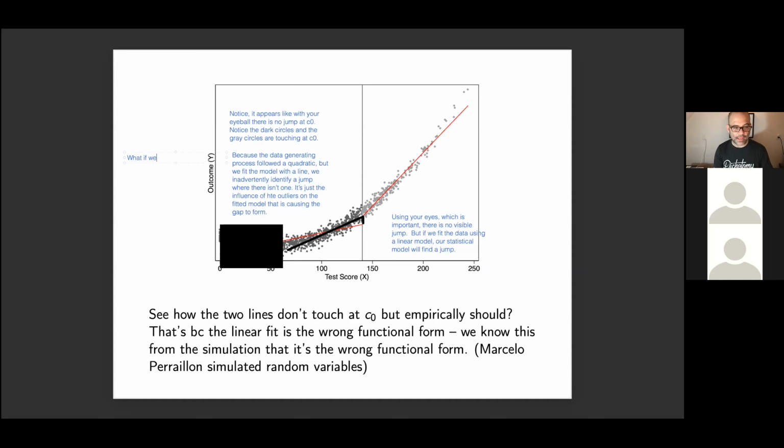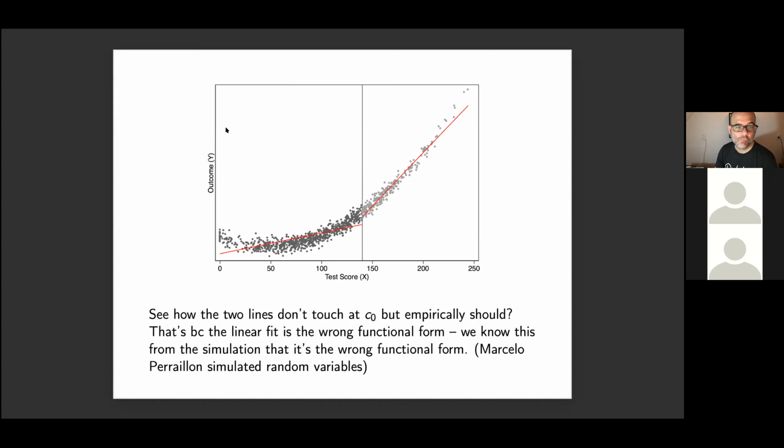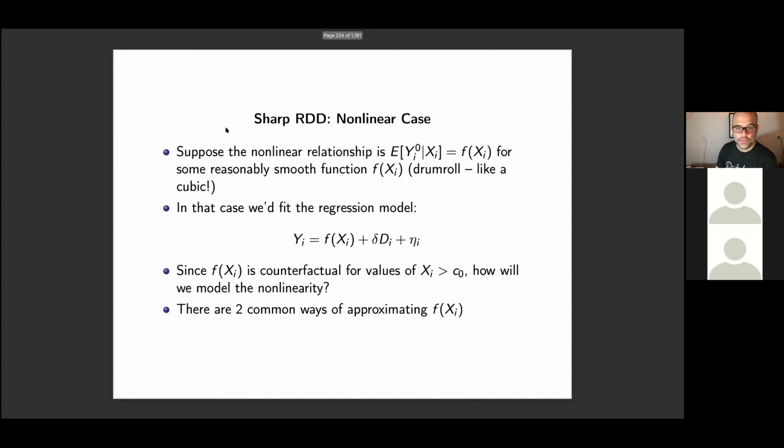What if we had fit not a line, not a linear model, but a nonlinear model? So let's look at a nonlinear model. This is the nonlinear model, right? Still linear, but look what's in here.